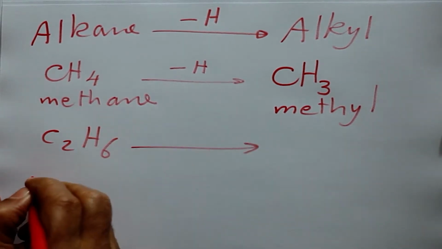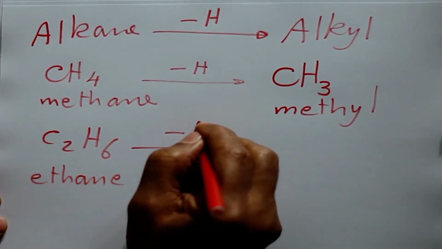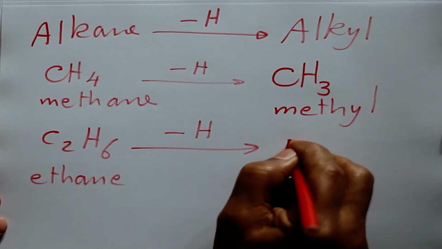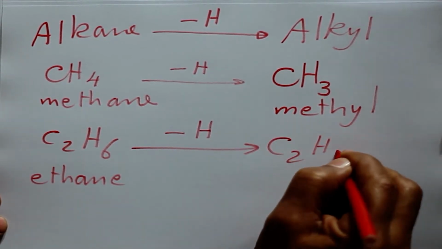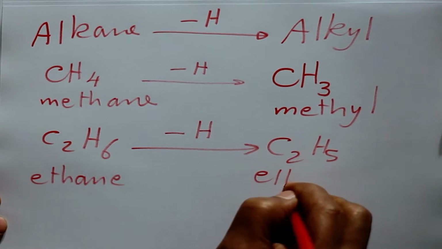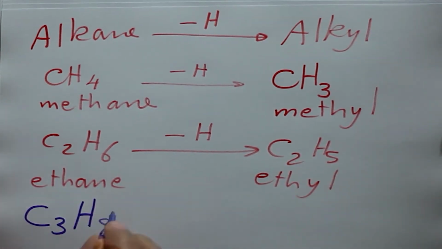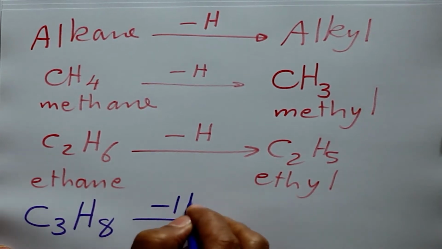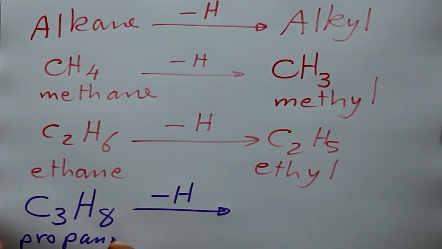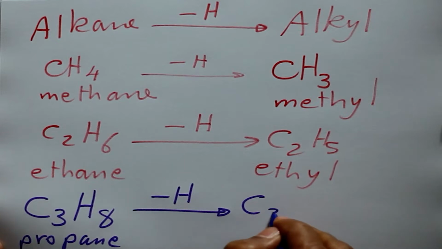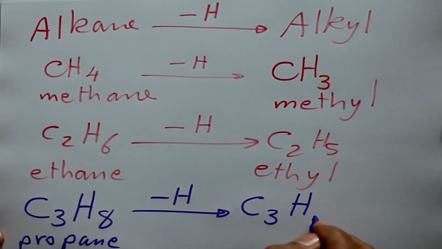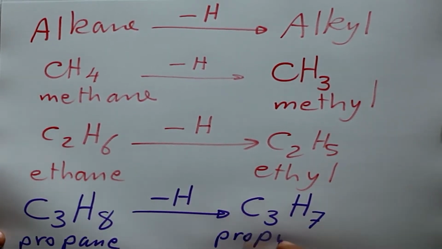C2H6, ethane, when it loses a hydrogen, changes into C2H5, ethyl. In the same way, C3H8, propane, when it loses a hydrogen, changes into propyl, C3H7.